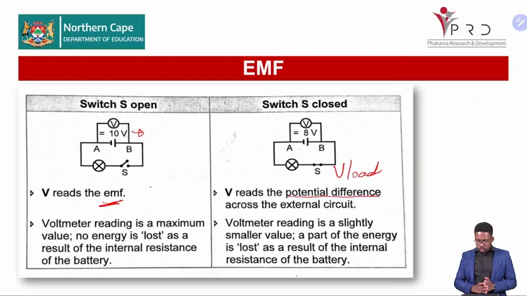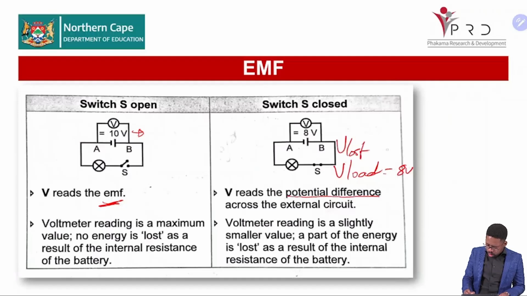But once you close the switch, some of the energy will be used, it will be lost. Then the one that remains becomes your V load, which is equal to 8 volts in this case. And then our V lost or V internal will be 2 volts.